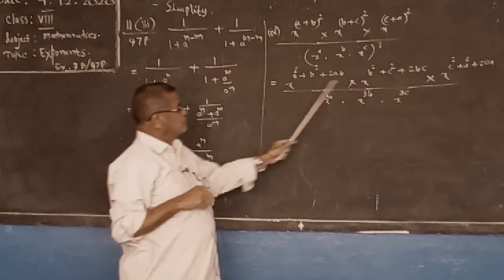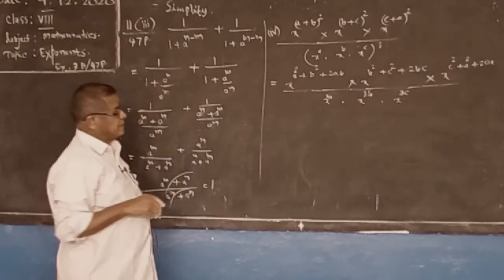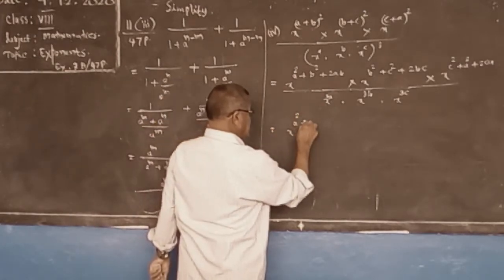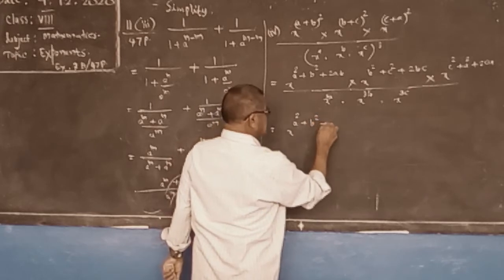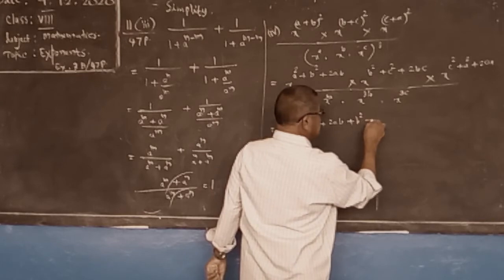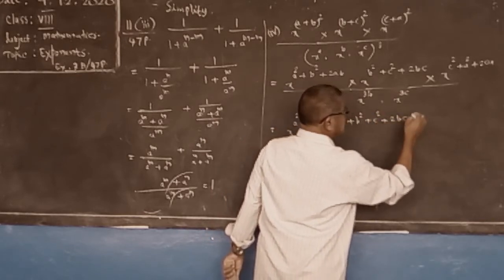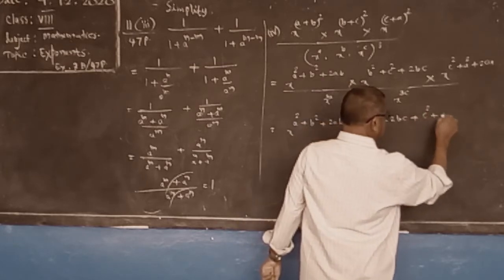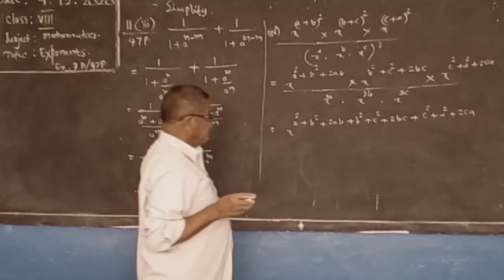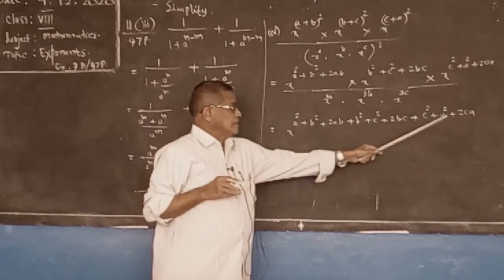Now in multiplication, powers are added. First will be added. X power a square plus b square plus 2ab plus b square plus c square plus 2bc plus c square plus a square plus 2ca. Now here see a square, here a square.